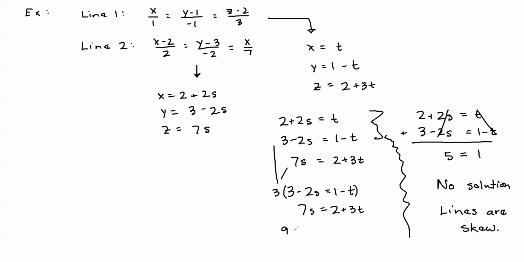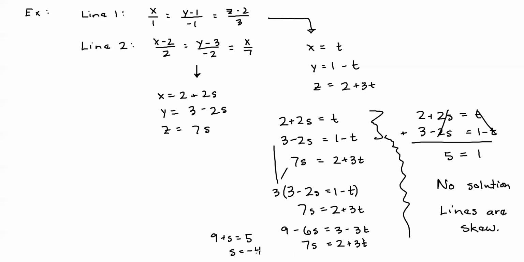So that gives us 9 minus 6s equals 3 minus 3t. And we've got 7s equals 2 plus 3t. And then we go through and add them, and what happens? So we're going to get 9 plus s, the t's cancel, equals 5. So s equals negative 4.